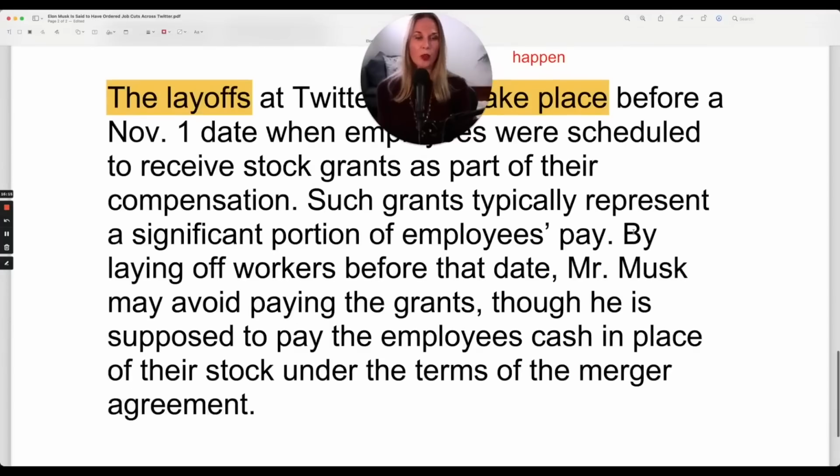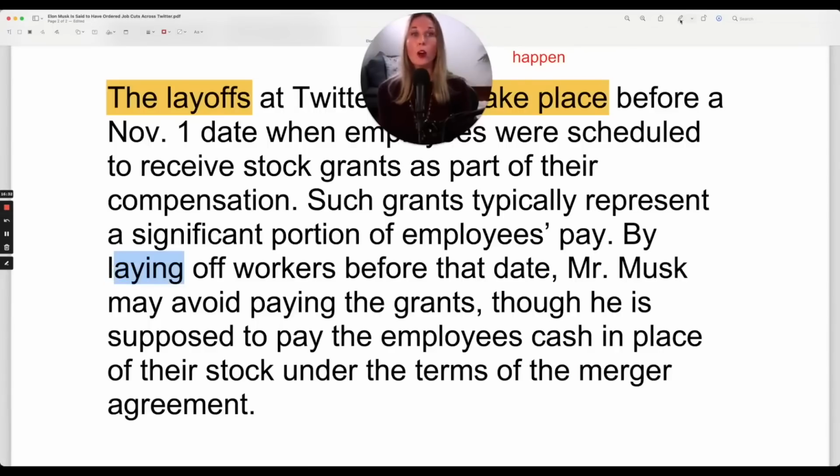By laying off workers. So is this a noun or a verb? Laying off workers. This is a verb, and what conjugation is this verb in?